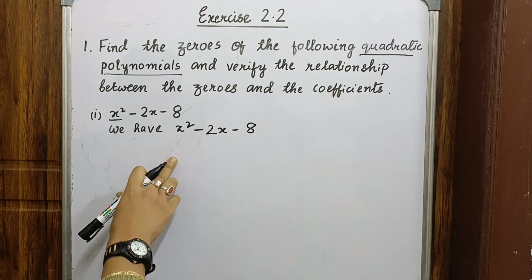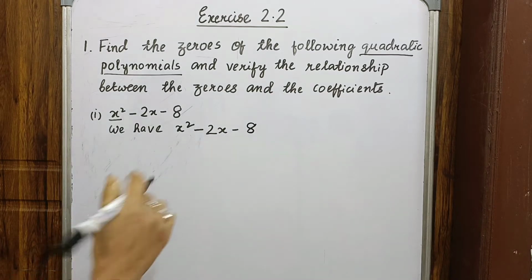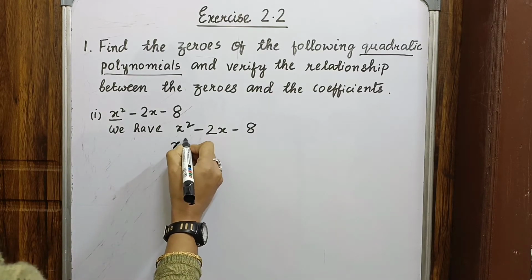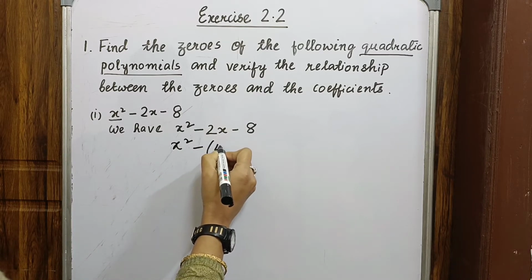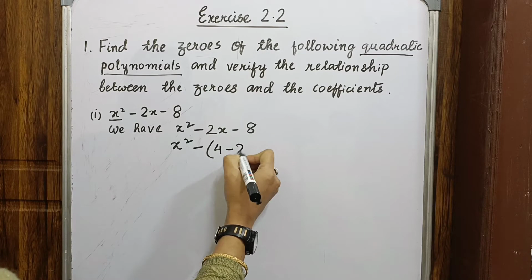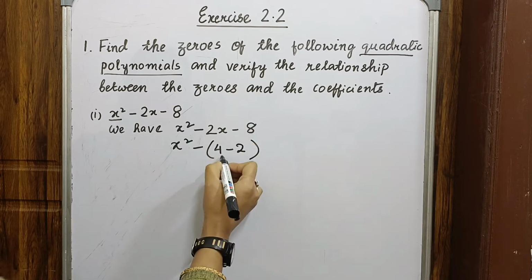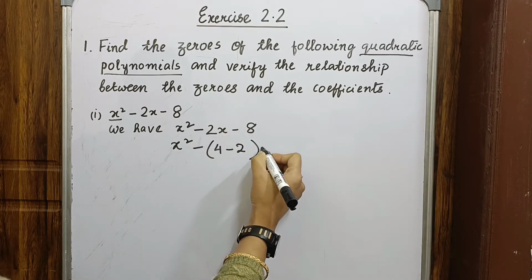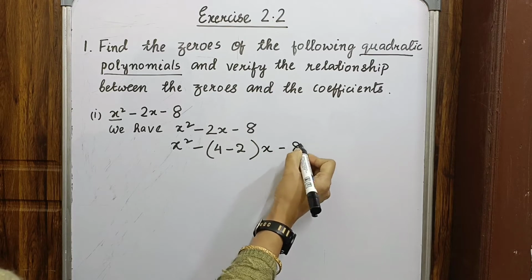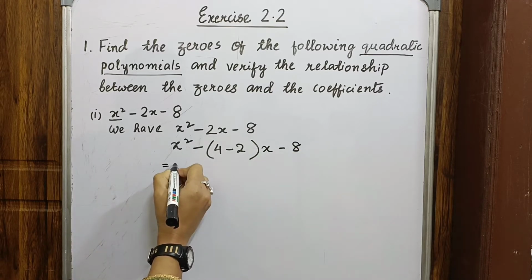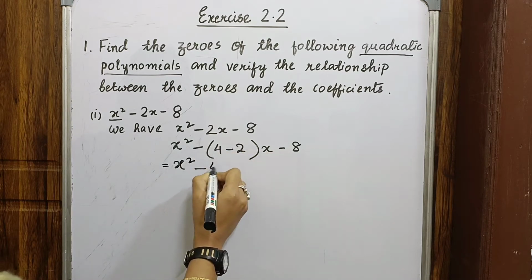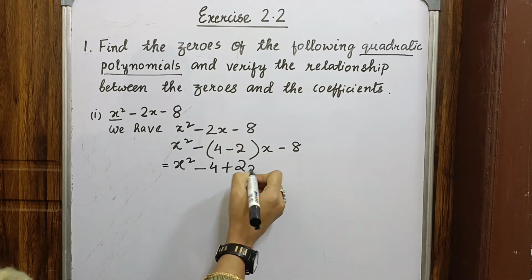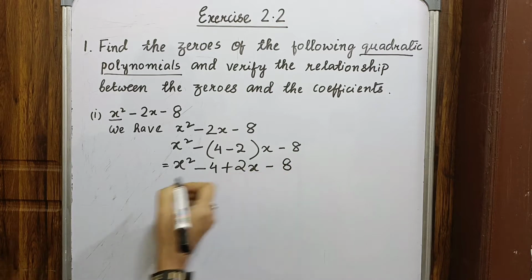This we can break and write the middle term as 4 minus 2, since 4 twos are 8 and 4 minus 2 is 2. So x square minus 4x plus 2x minus 8.